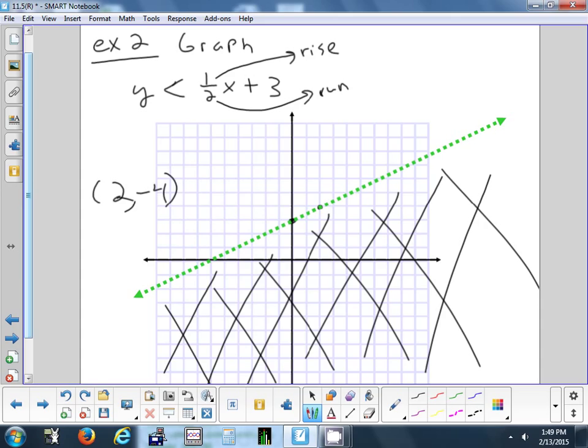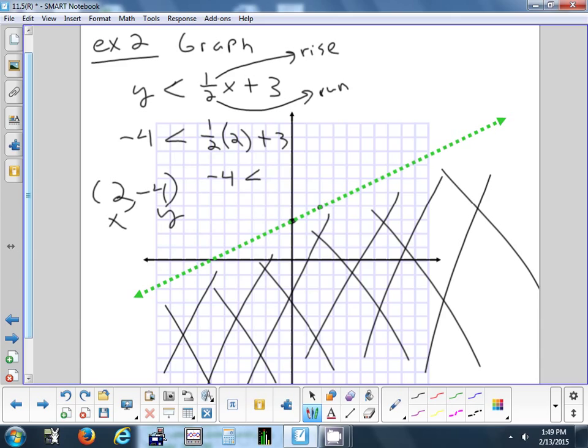Is that X or Y? That's X. What's the -4? Y. Fill it in. -4 is less than. What's X again? 2 plus 3. Now you could have picked any point you wanted. Any point that was in this shaded area. We just picked one to try it. What's half of 2?